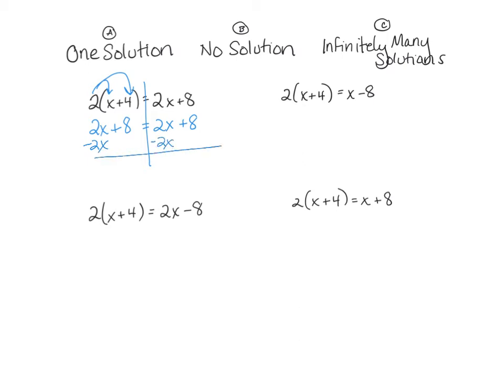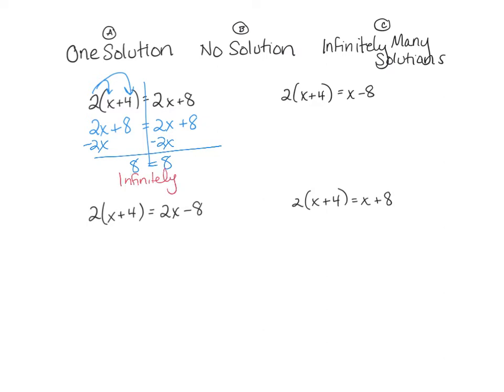So what's about to happen? Well, you will see that we are left with 8 equals 8. And that is absolutely true. However, we have no variables left. This is actually an example when there's infinitely many possibilities.